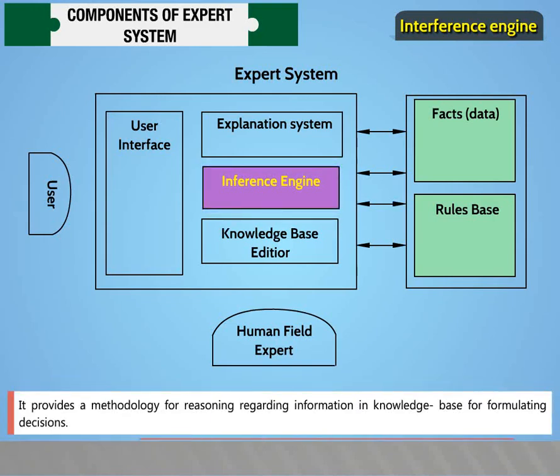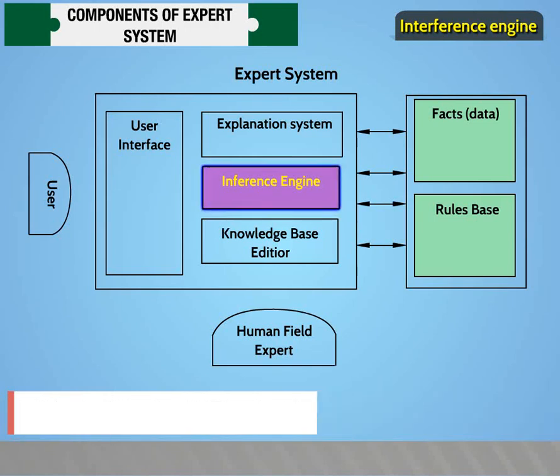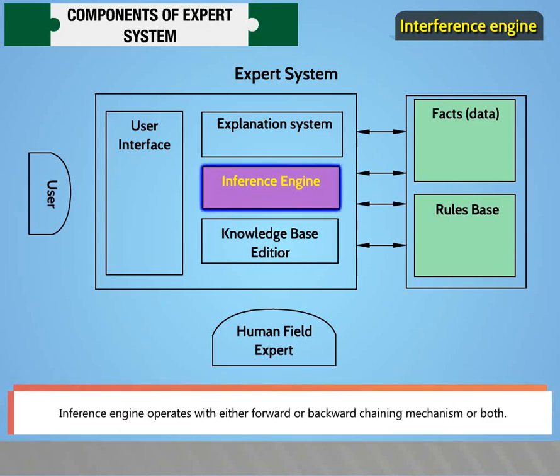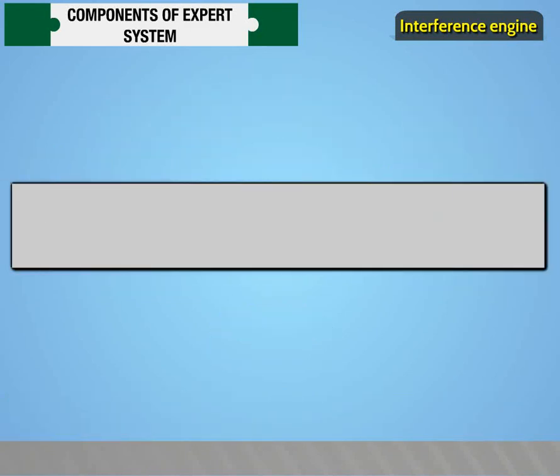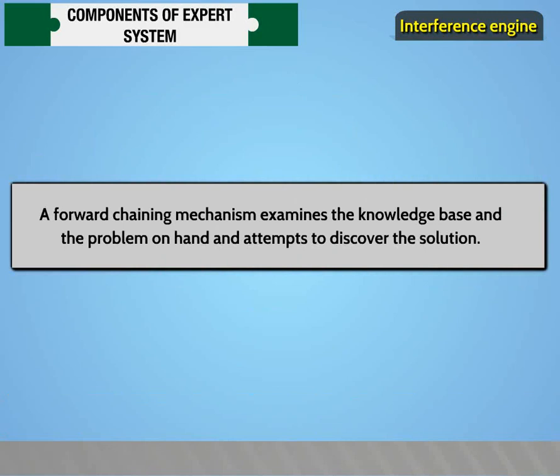It provides a methodology for reasoning regarding information in knowledge base for formulating decisions. Inference engine operates with either forward or backward chaining mechanism or both. A forward chaining mechanism examines the knowledge base and the problem on hand and attempts to discover the solution.